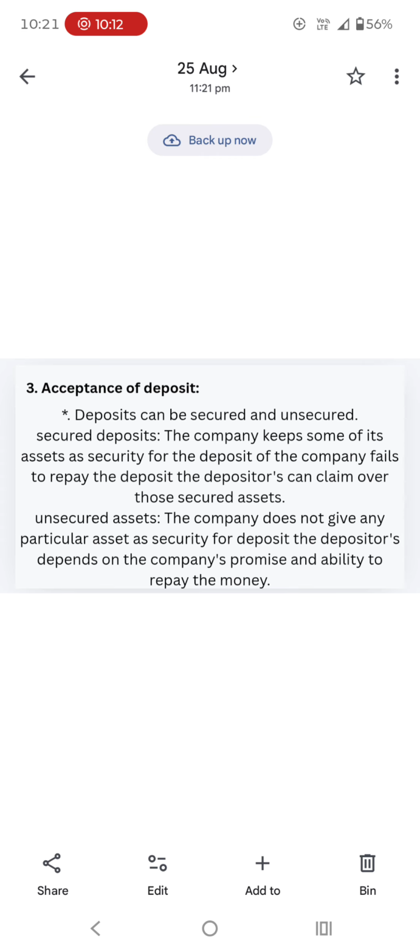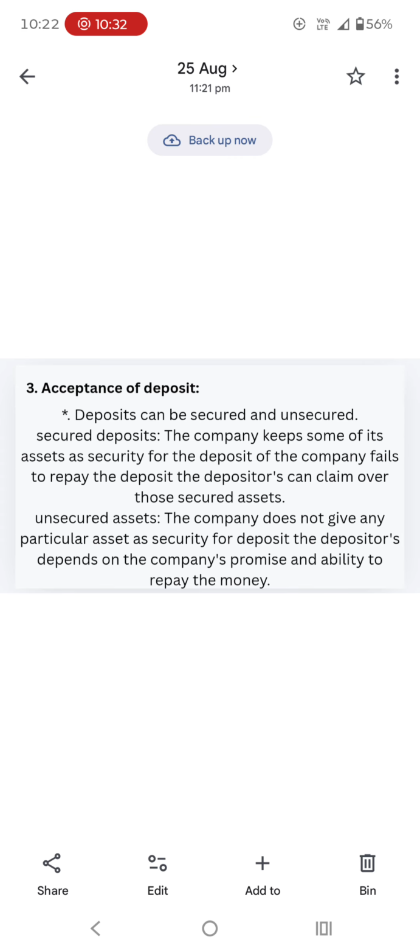Unsecured deposit means the company does not give any particular asset as security for the deposit. The depositor depends on the company's promise and liability to repay the money. In some cases, the company does not provide any particular asset or security to the depositors who deposit the money. The depositors will depend on the company.